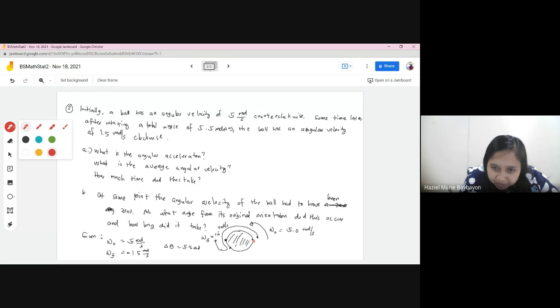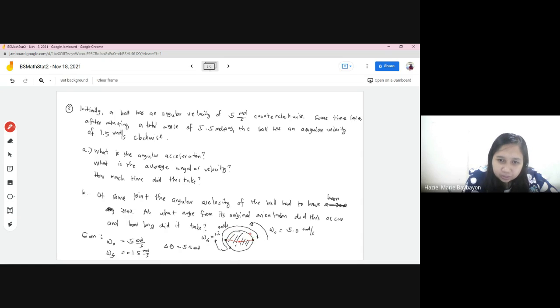So from this, suppose this is the center of the ball, sorry. So if this is the point we consider, 5.5 radians is from the initial orientation of the ball, and then toward where this point is now looking.